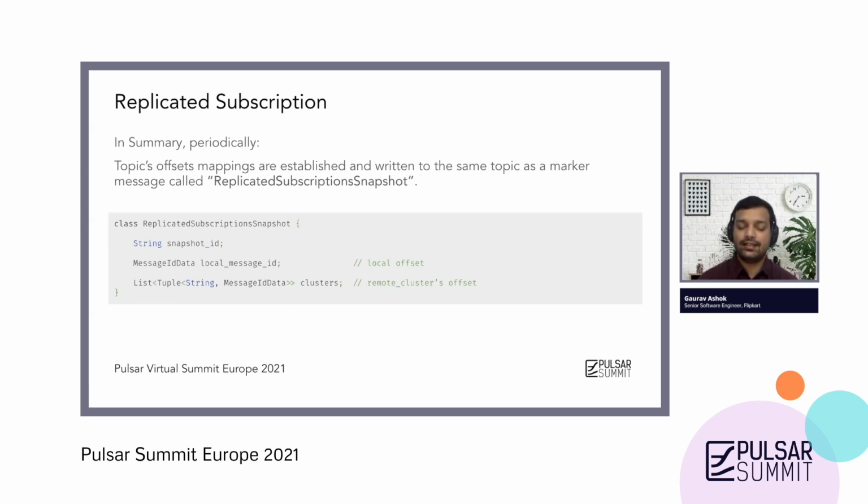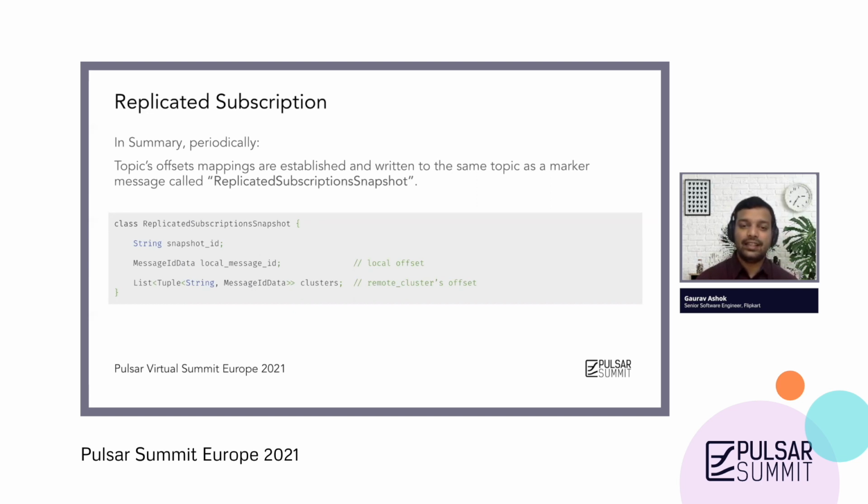A few request and response cycles happen: the broker sends the request, the remote cluster responds with its own topic offsets, and the broker can establish the mappings of the topic. That is written back to the same topic as a marker message called the replicated subscription snapshot. Again, Matthew explains how it is established and how it works in his YouTube video.